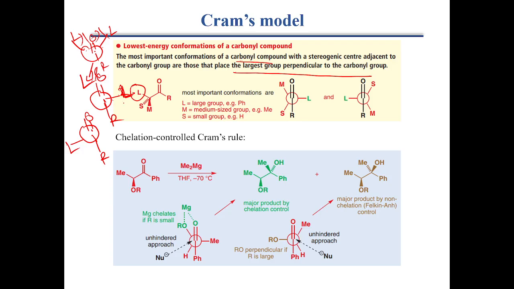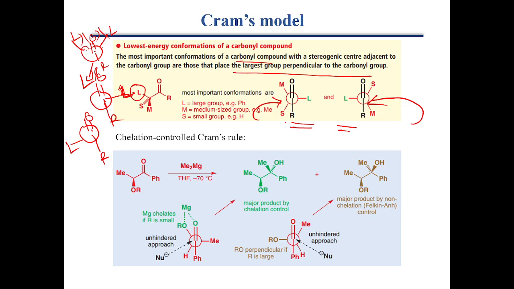So that's why it is in the perpendicular position, to minimize the steric hindrance. So these are the two possibilities. Now the nucleophile can attack from this position or this position to minimize the steric hindrance.